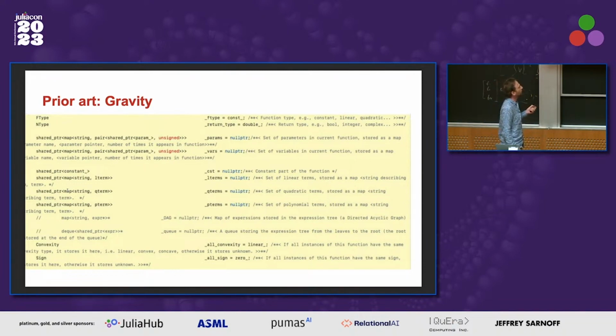So they've split out the linear, the quadratic, the polynomial terms. They've split out whether the term is convex or monotonic. And one nice thing about Gravity is it's very fast. At Los Alamos, they're building these big ACOPF problems, and Gravity is maybe 50% faster than JuMP on some of their larger problems. I guess the trade-off is this is in C++, and some of the techniques that they use in C++ from a typed, untyped choice don't necessarily translate that well to Julia.